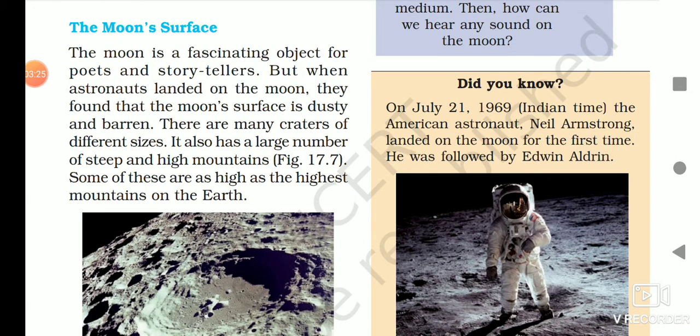From 1969, many countries sent spacecraft to the moon, and some spacecraft are still orbiting the moon and collecting information about the surface of the moon, the nature of the atmosphere, etc. India also sent the spacecraft Chandrayaan-1 in 2008, which worked up to 2009, then sent Chandrayaan-2 in July 2019, and one part of Chandrayaan-2, the orbiter, is still orbiting the moon and collecting information.